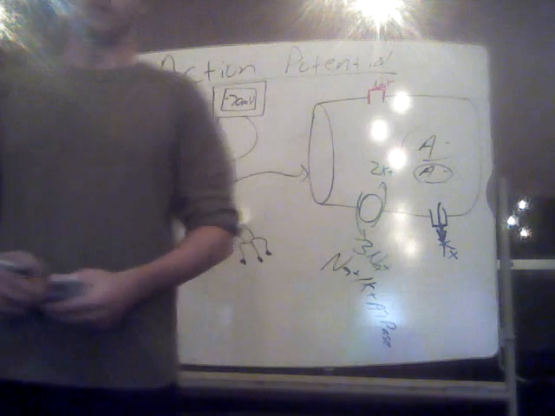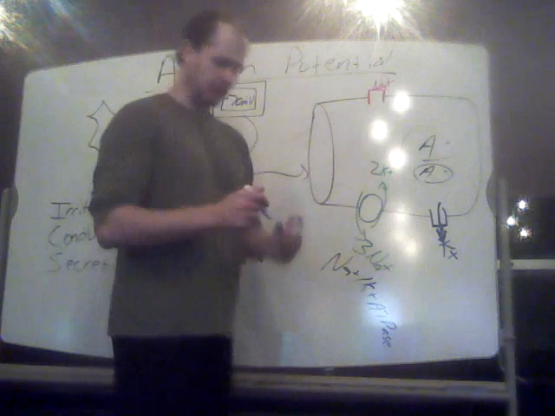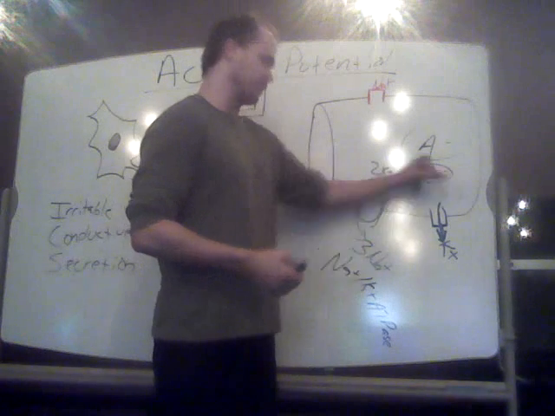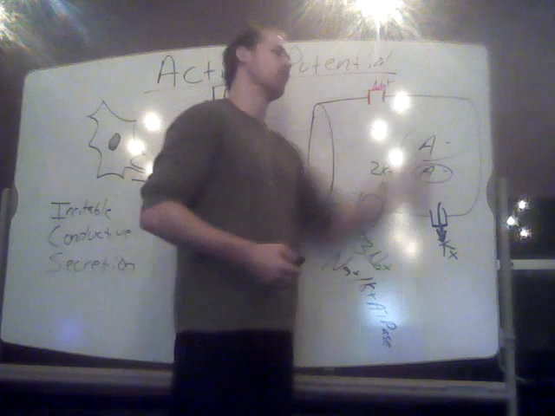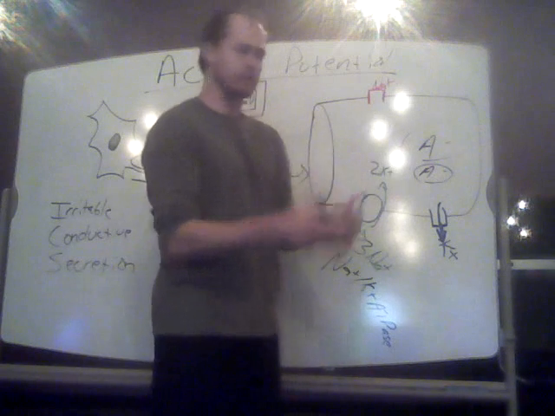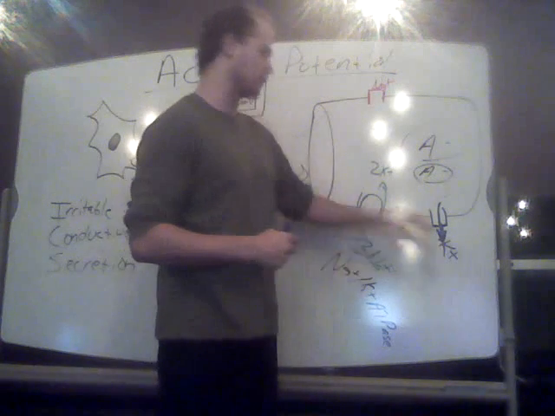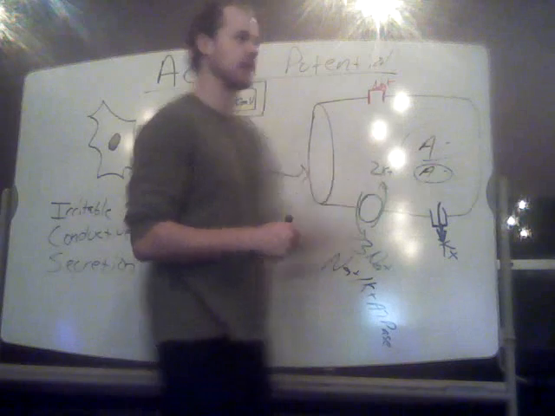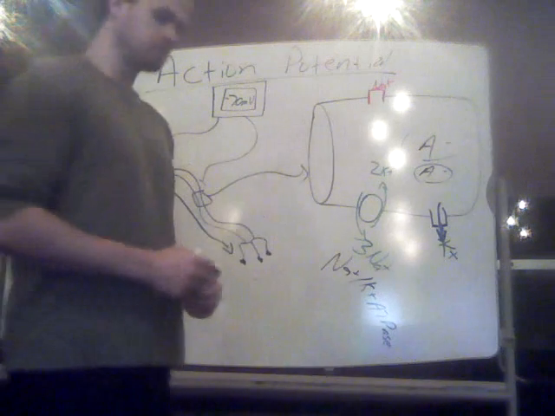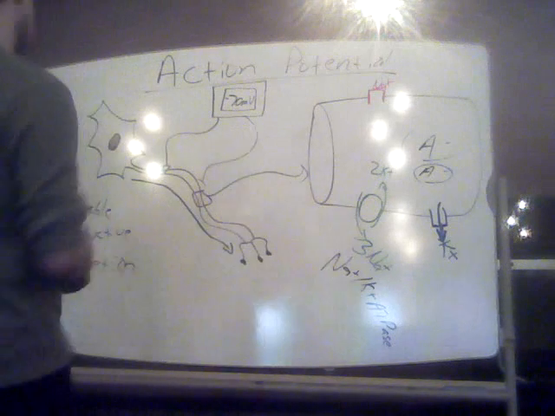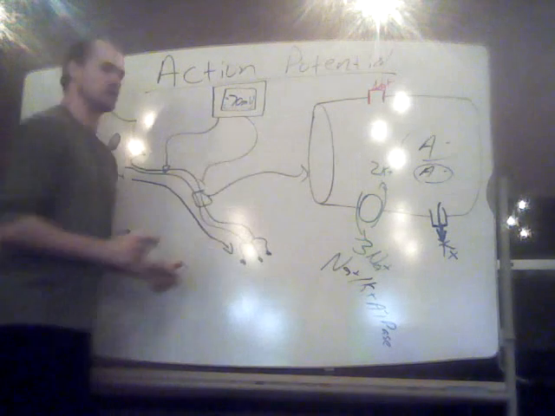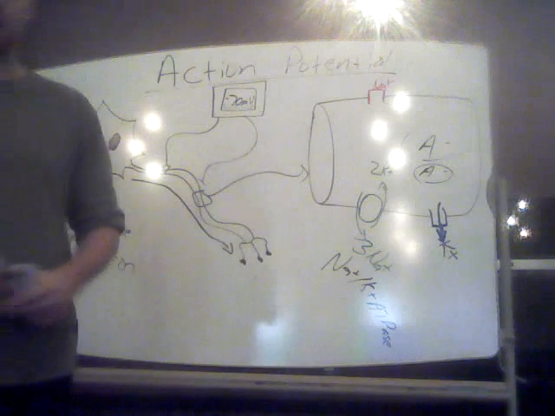Eventually, at some point, you're going to reach an equilibrium between the pushing force of diffusion and the pulling force of the opposing charges. When you reach that equilibrium and you measure the concentrations of potassium across the cell membrane, that's when you say you've established a resting membrane potential. And typically, according to most anatomy and physiology textbooks, the resting membrane potential of a neuron is around negative 70 millivolts.